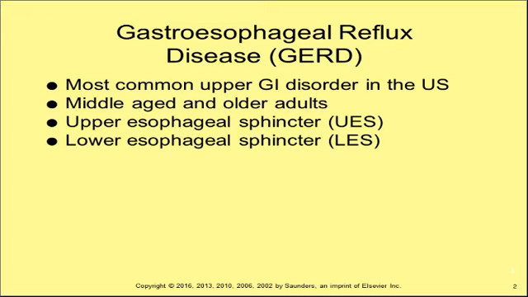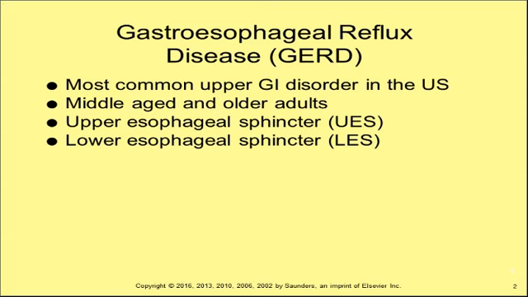Reflux symptoms chronically and continuously expose the mucosa in the esophagus to gastric acid, and that results in inflammation. A person with acute symptoms of inflammation is just considered to have mild or severe reflux esophagitis. It affects more your middle-aged and older adults.